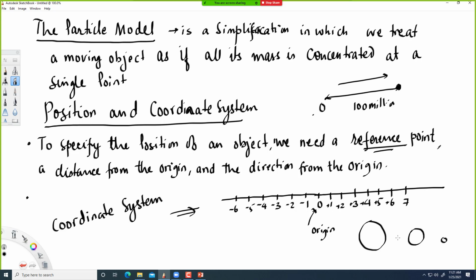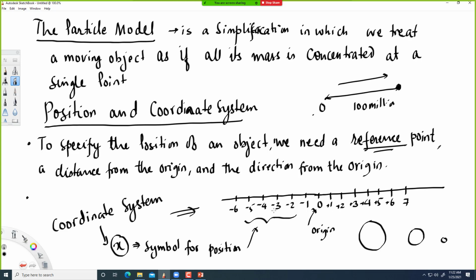Sometimes when we talk about where I am, I represent my position by a symbol, and that symbol is x. When you see this small x, this is asking me where I am. So this is the symbol for position.